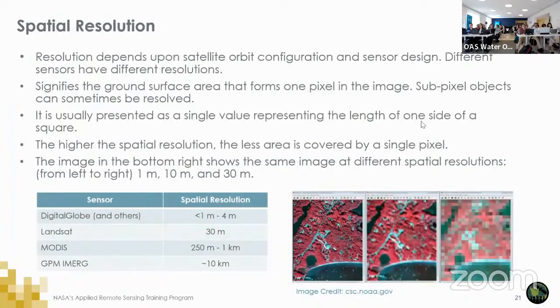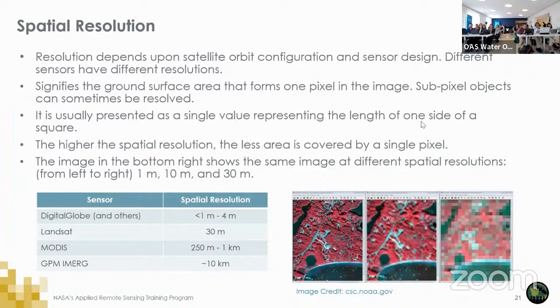And spatial resolution, a good example of this is the 3 images in the bottom right of the screen. I think this is quite intuitive, but we can see a very high resolution. This is, I believe, a 1 meter Digital Globe, 1 to 4 meter. And then I think this is Landsat here, and then MODIS. So these are just different ways of looking at the same extent, the same area of the planet using different instruments.